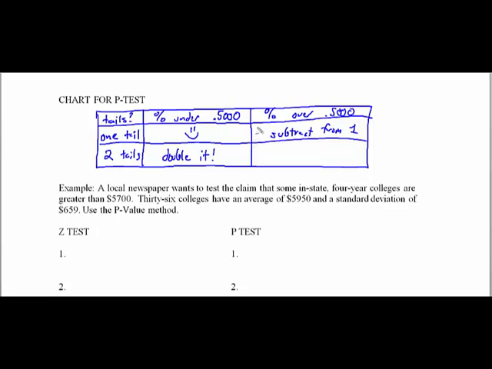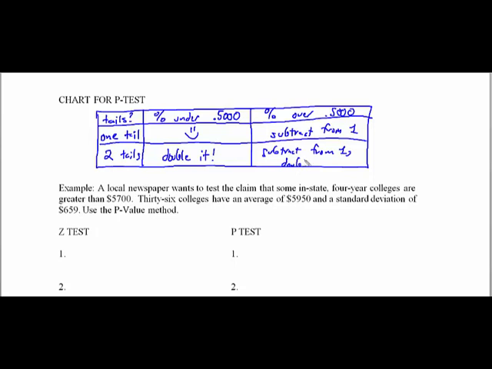Because really, a lot of these p-tests are either going to want you to have just an alpha of 1%, 5%, or 10%. So if you get a percentage over 50%, that just means that you got to take the complement of that to actually evaluate it. Now, if it's a two-tailed test and it's over 50%, you're going to subtract from 1 again, and then you double it.